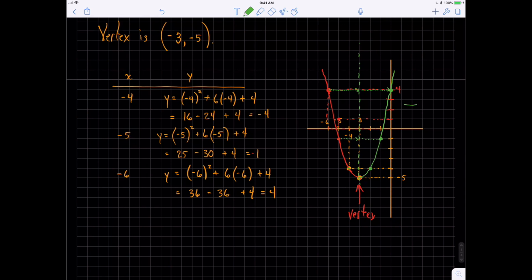This point where it crosses the y-axis, we call this the y-intercept. And where it crosses the x-axis here and there, those are called x-intercepts. And we'll be finding those shortly, but not today. Just so you start to hear the words, x-intercepts.